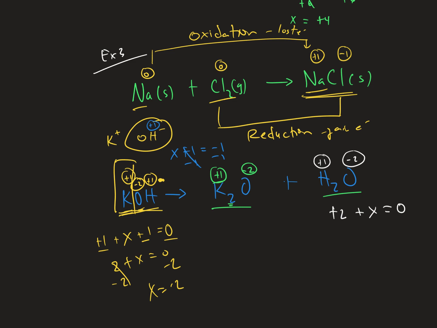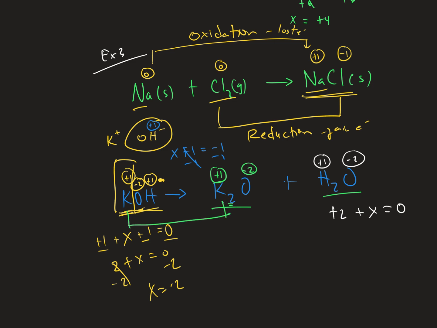Don't guess. Look at it. Does any of them get reduced? Does any of them lose electrons? Does any of them gain electrons? K. Yeah, which one? I'm not looking for K2. I'm looking for K. Just the single elements.